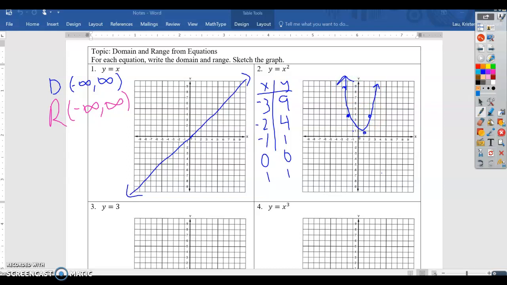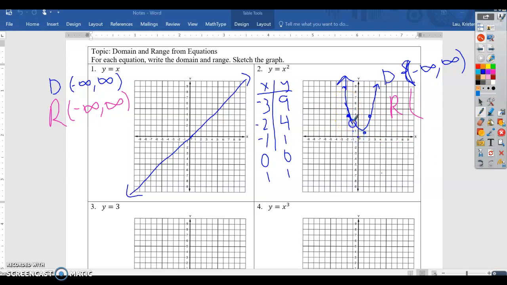Okay. So regardless, we should know that the domain for parabolas is also, you can put any x value in this equation you want. So my domain goes from negative infinity to positive infinity. Our range is a little bit different because if I actually graphed this better, it should be all the way down here.